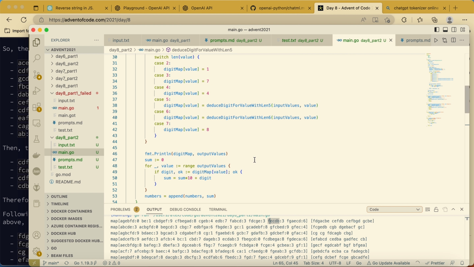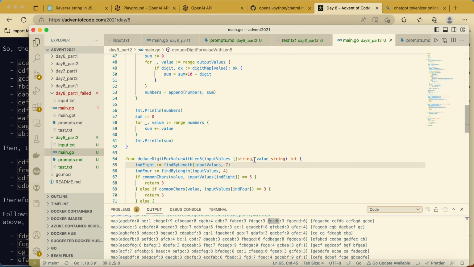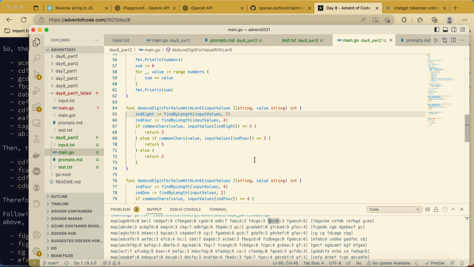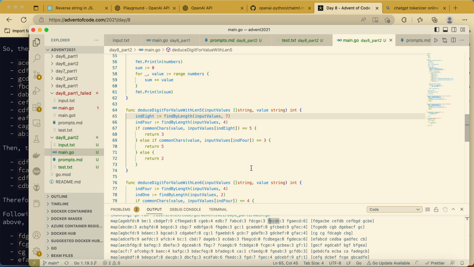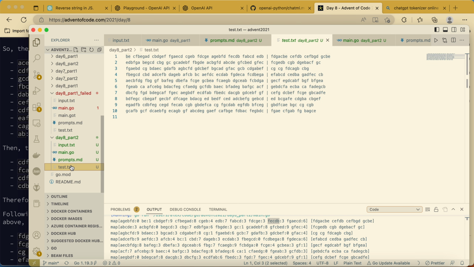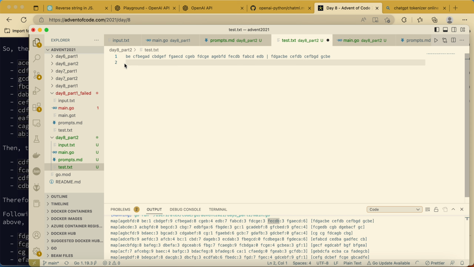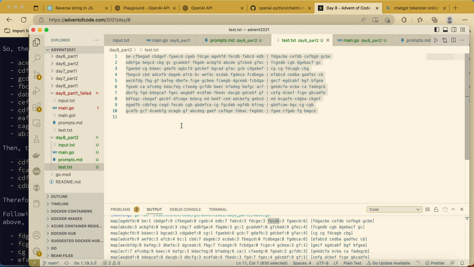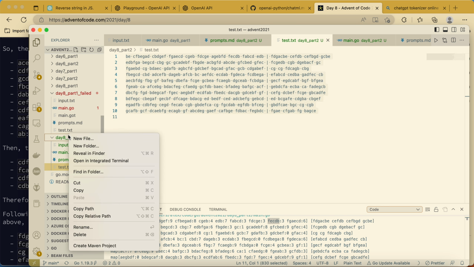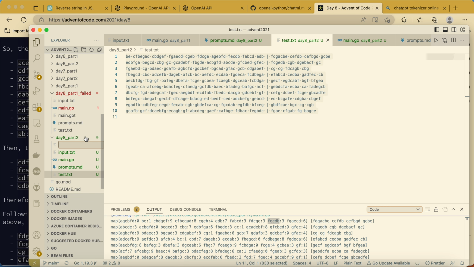Because for these ones I should have either 3. Okay, let me do something and simply have this file, but having here temp.